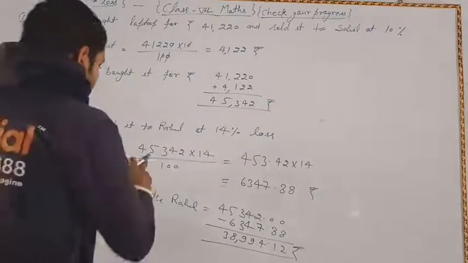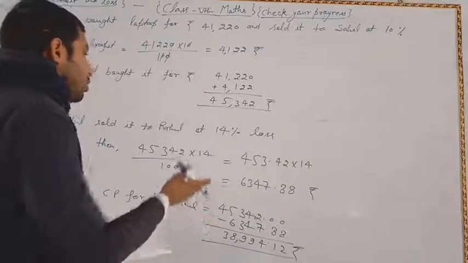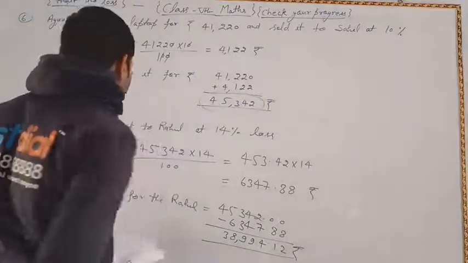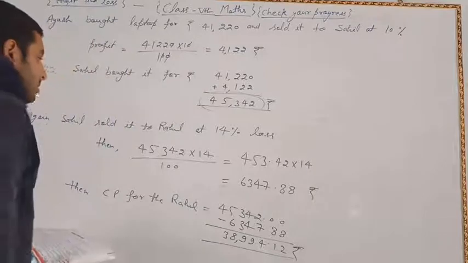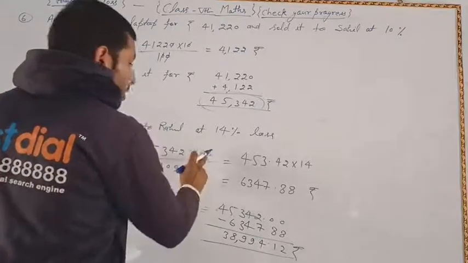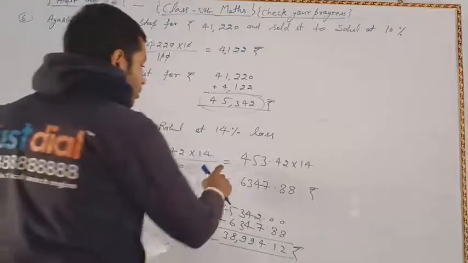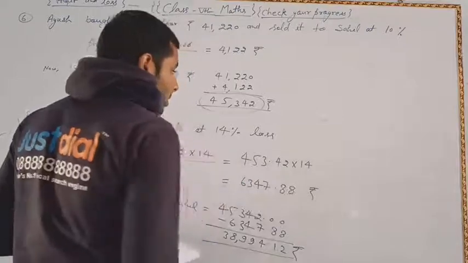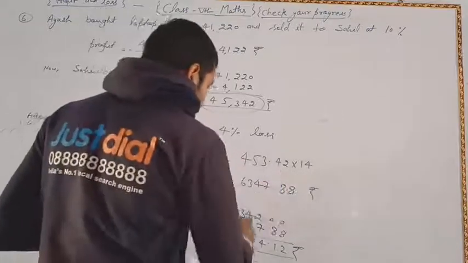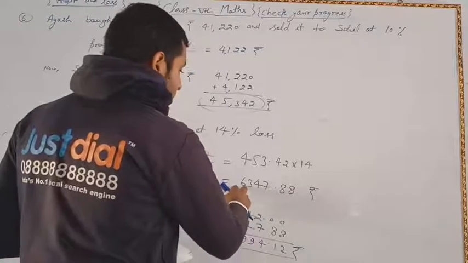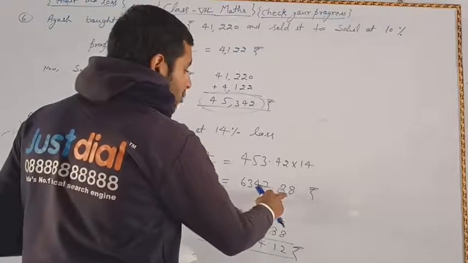Okay. Again, Sahil sold it to Rahul at 14%. Then we also have to find 14% of this price. Since 45,342 into 14 upon 100 is equal to 453.42 into 14 is equal to 6,347.88 rupees.